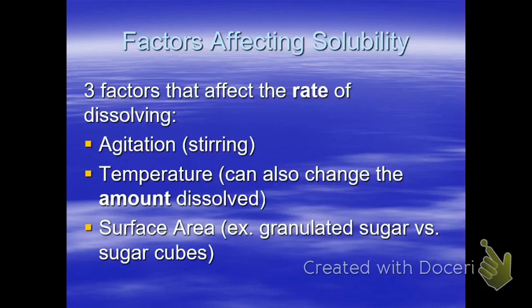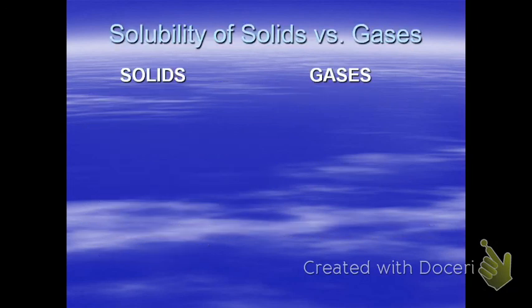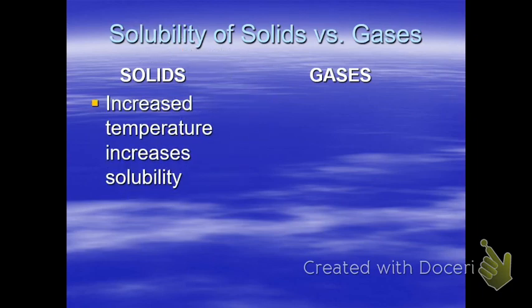Okay, granulated sugar, ground up, crushed up sugar, has a lot more surface area than a sugar cube, so that'll dissolve a lot faster. Okay, so these are just some things that can affect the rate at which something will dissolve.